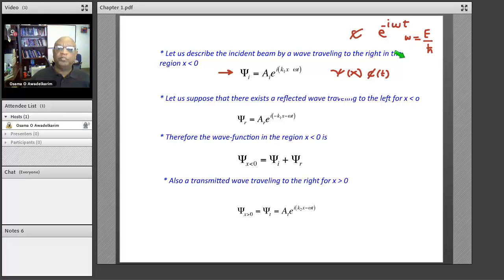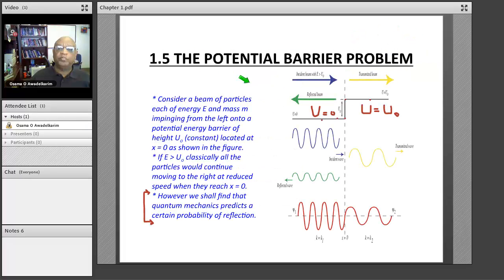And if psi of x, we thought it varies as e to the i k x, where k is the wave number, then the two together, psi of x times phi of t, would have this exponential dependence, e to the i (k1 x minus omega t). Now, this I here stands for the incident wave. So here we are looking at this wave here.